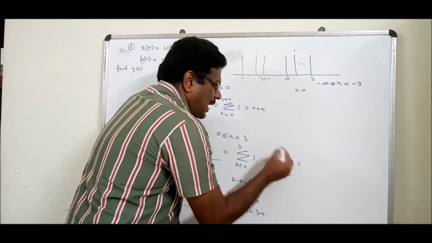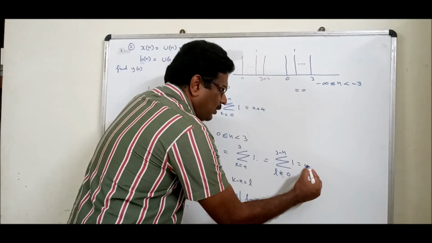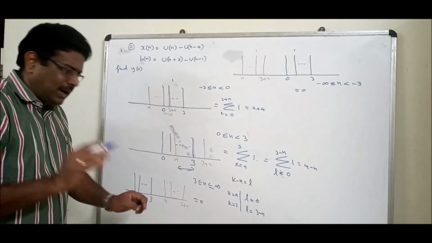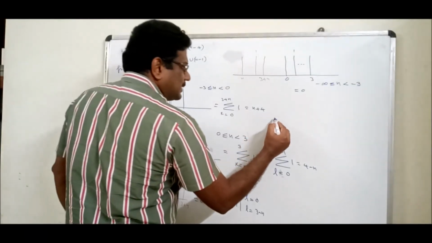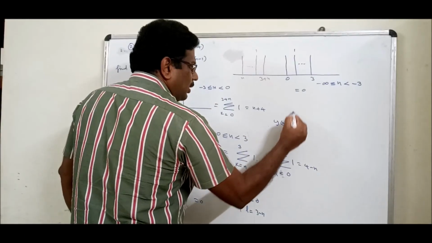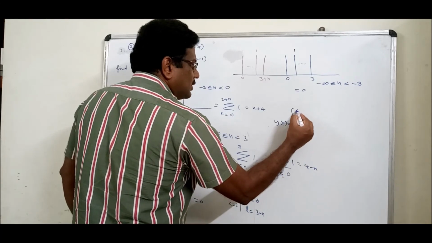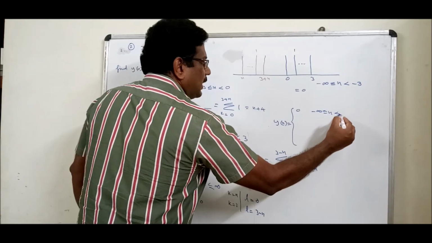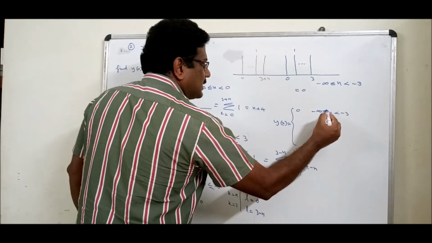What is the final answer? Upper limit plus 1. Answer will be 4 minus n. And here what is the answer? 0. Now let us conclude the problem. What is the answer? y of n is equal to, there are 4 amplitudes. 0, minus infinity less than or equal to n less than minus 3. Just less than. Okay.